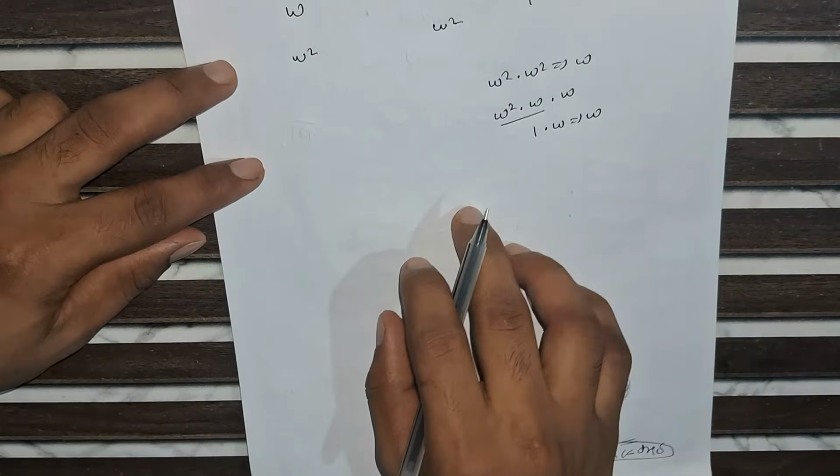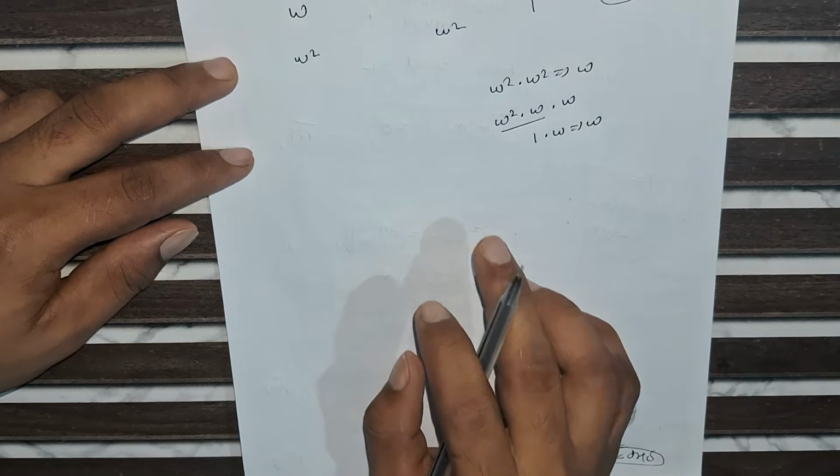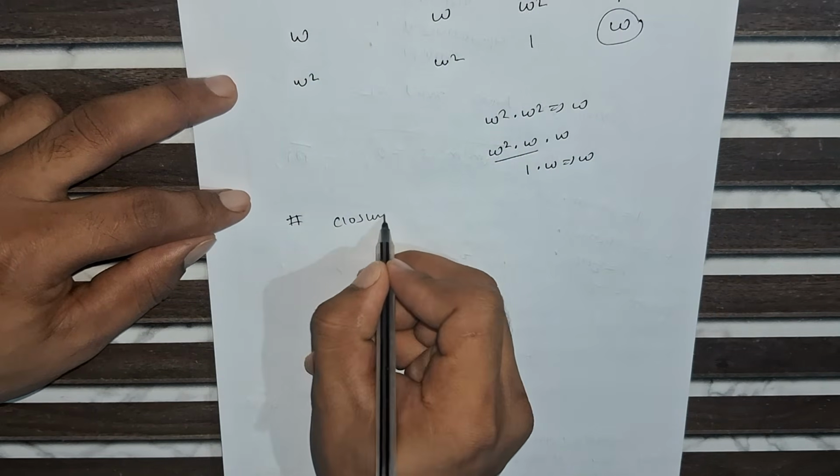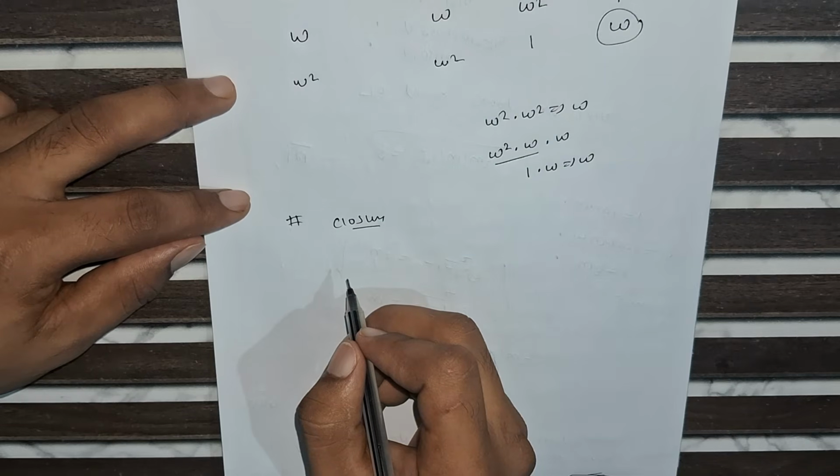So now with the help of this multiplication table, we are verifying the properties. First one is closure. It means every product is inside the set.